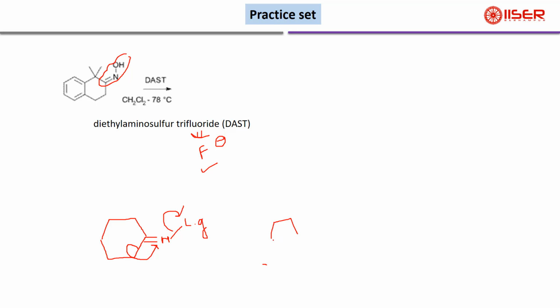Suppose you have this type of structure. If you just migrate this bond, that will give a simple Beckmann rearrangement.